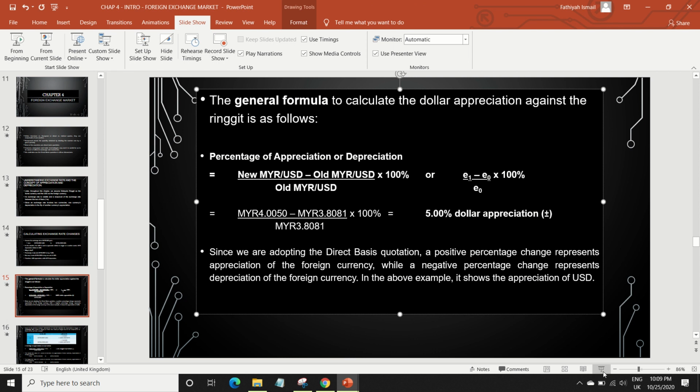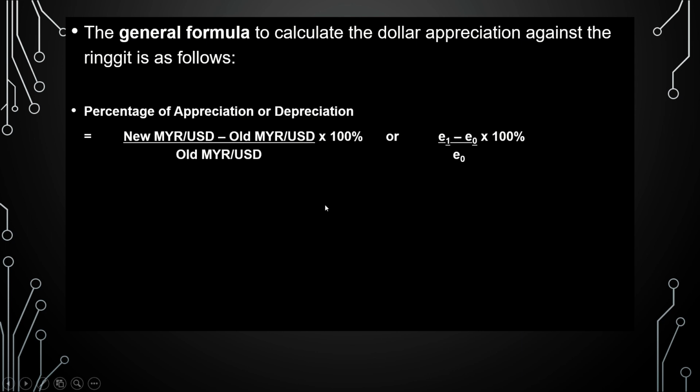The formula is you take the new quote of ringgit per USD minus the old quote of ringgit per USD, divided by the old quotation or exchange rate of ringgit per USD, times 100%. Or we can simply write E1, meaning the new exchange rate, minus the old exchange rate, divided by the old exchange rate, times 100%.